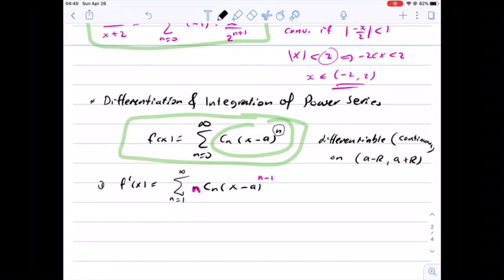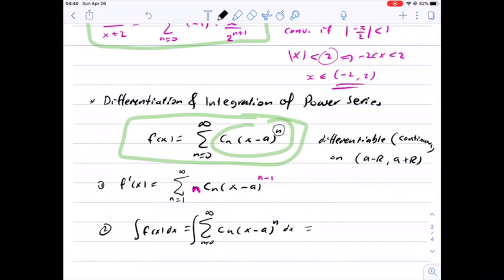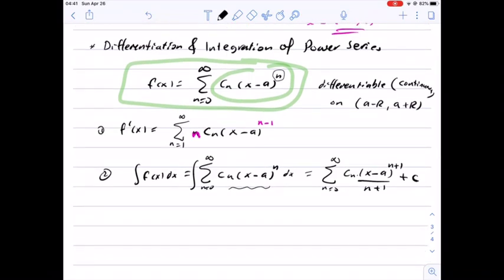Now, how do we integrate? To integrate f of x dx, we just integrate the inner function. So it's the integral of the sum from n equals 0 to infinity of cn times x minus a to the power n dx, and the integral of this is cn times x minus a to the power n plus 1 over n plus 1. We just add 1 to the power, with n from 0 to infinity, plus some constant of integration c.